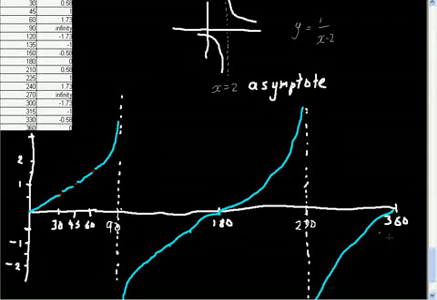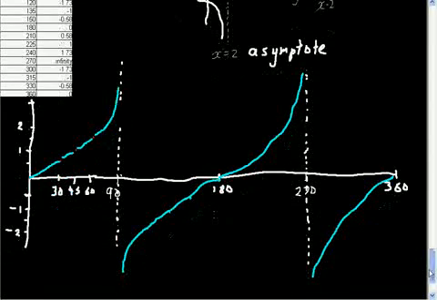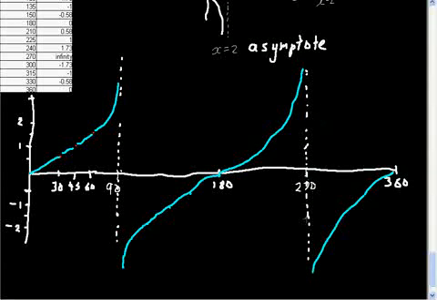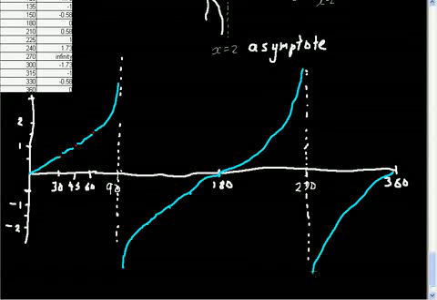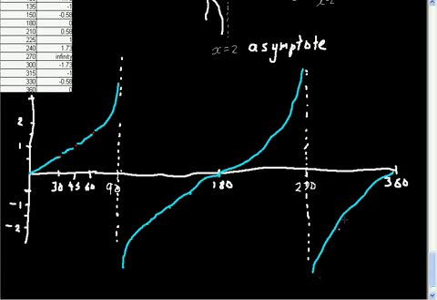See all these negative values for the angles in the fourth quadrant. And you have another asymptote at 270, because at 270 the values approach infinity on either side. So you have the graph going up to 270, and just as you pass 270, you have values descending from infinity on the negative scale.